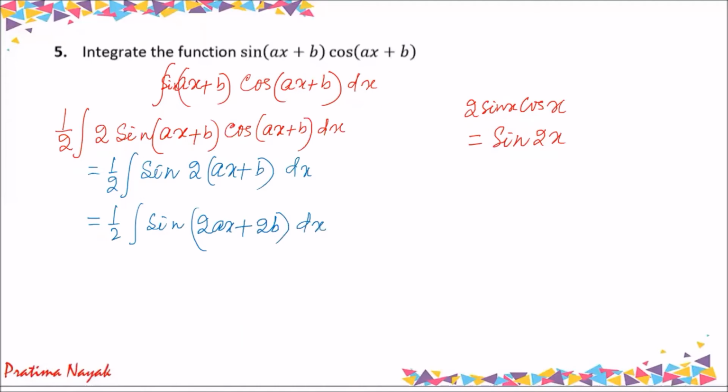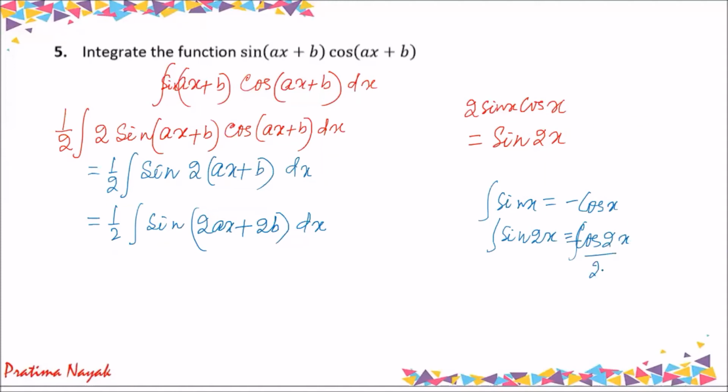Now think of sine x integration. What is the integration of sine x? It will be minus cos x. Sometimes we get confused by this. Sine x integration is minus cos x. Similarly, integration of sine 2x, we have discussed in the first video. If you have not seen it, you can go for it. It is minus cos 2x divided by 2.